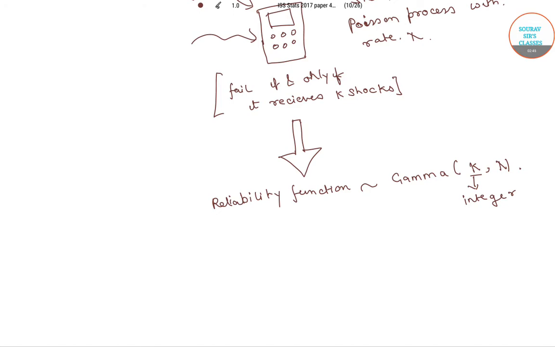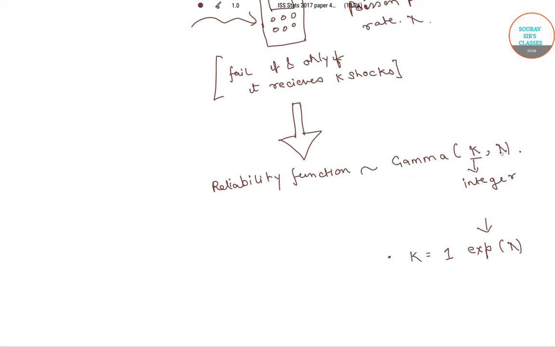Now if this k is equal to 1, then this gamma distribution becomes the exponential distribution with parameter lambda.